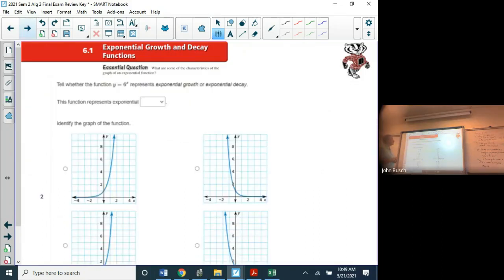Tell which function represents exponential growth or decay. So in this section, the way you distinguish between growth or decay is you look at the base.